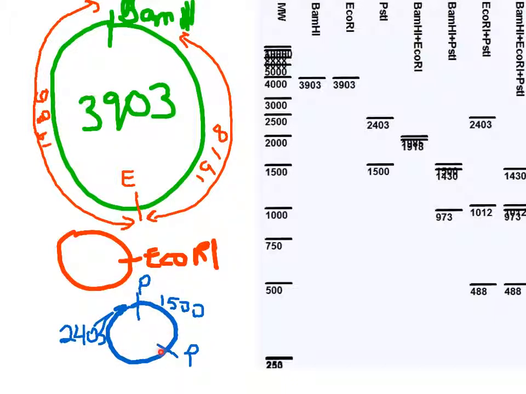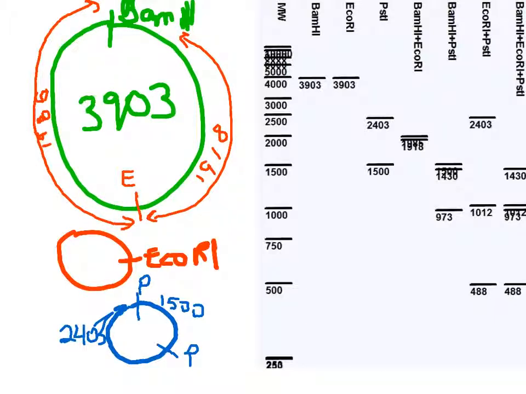Where does it cut? Inside of here or inside of the longer piece? Well, we can see that this longer piece is no longer here in the double digest, so it must be cutting on the 2403 region, and it cuts that fragment such that there's a 1430 base pair fragment and a 973 base pair fragment.